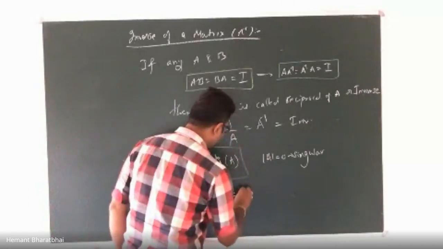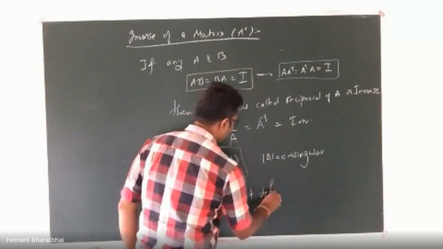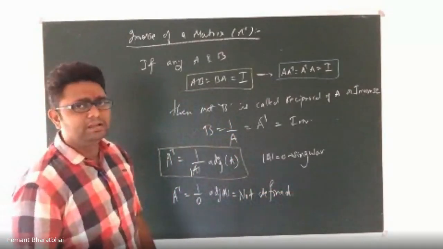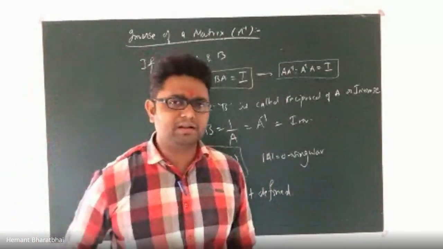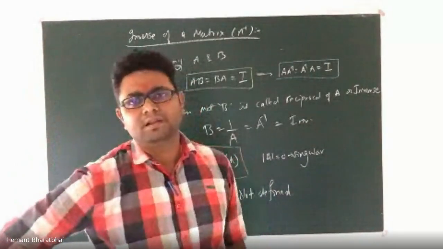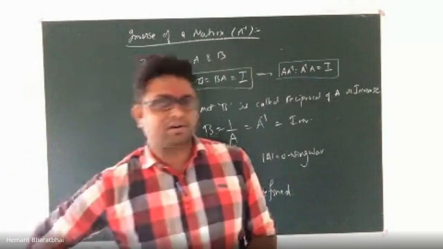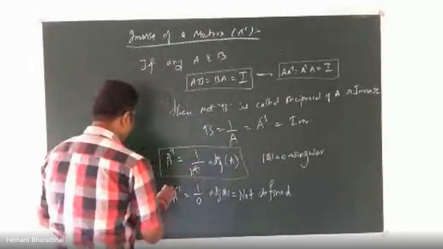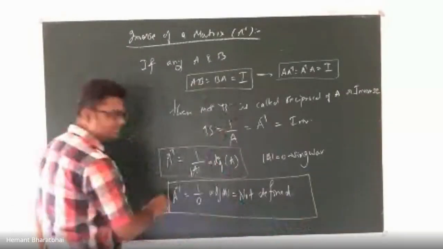Infinity, which is not defined. Therefore, if the determinant of the given matrix is 0, it is called a singular matrix, and if the given matrix is singular, then the inverse of that matrix does not exist.